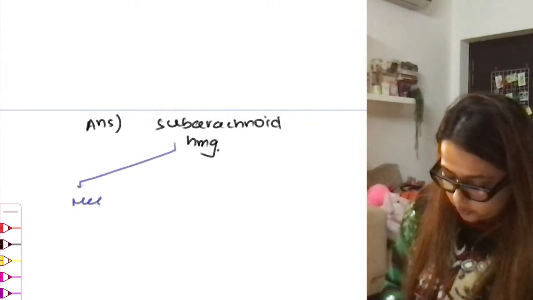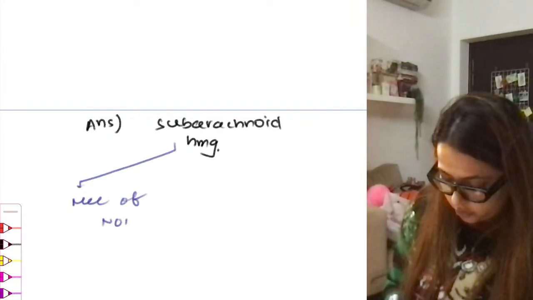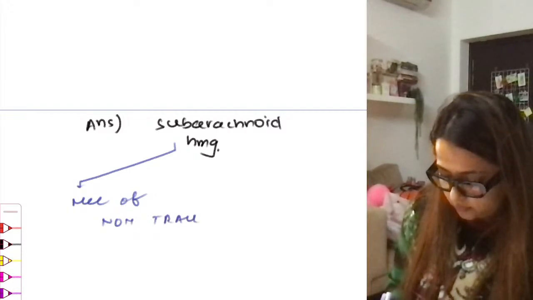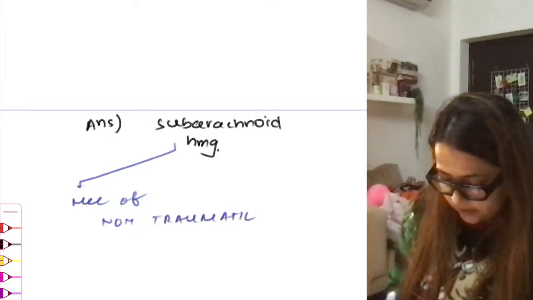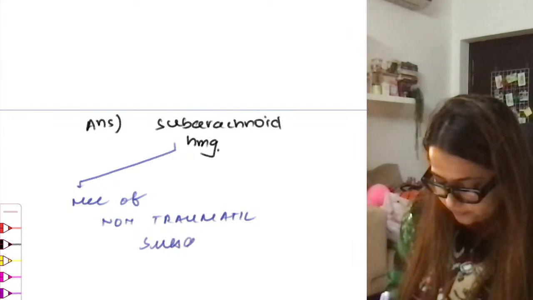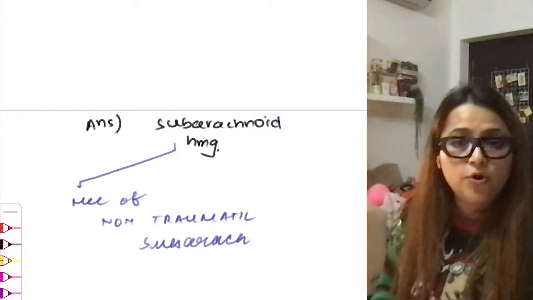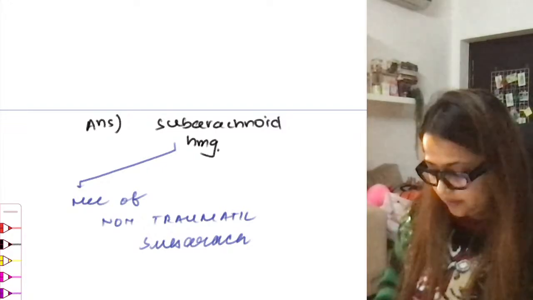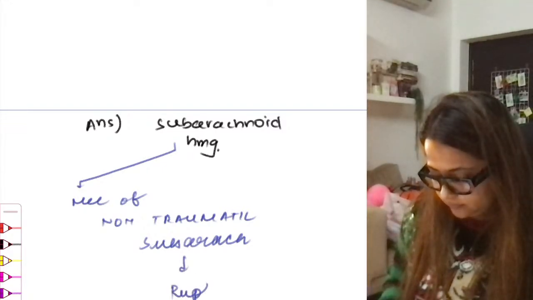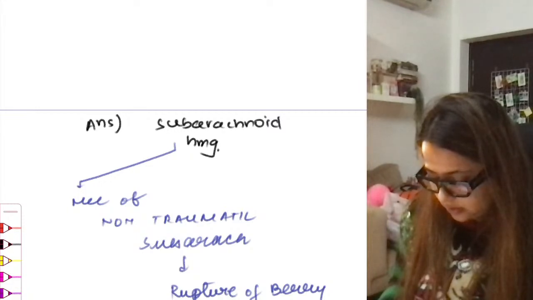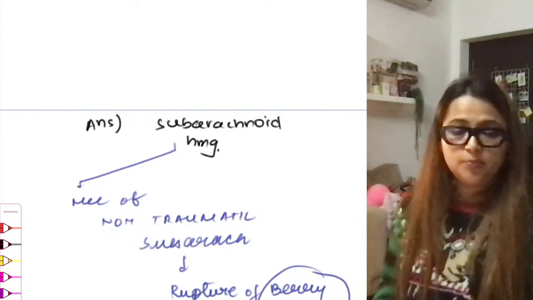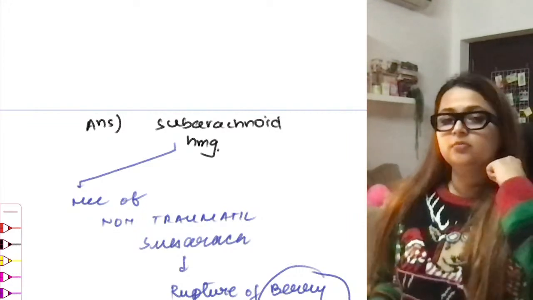One question here: what is the most common cause of non-traumatic subarachnoid hemorrhage? Yes, that is the right answer. The cause of non-traumatic subarachnoid hemorrhage is rupture of berry aneurysms. Which type of patients are more prone to get berry aneurysms?